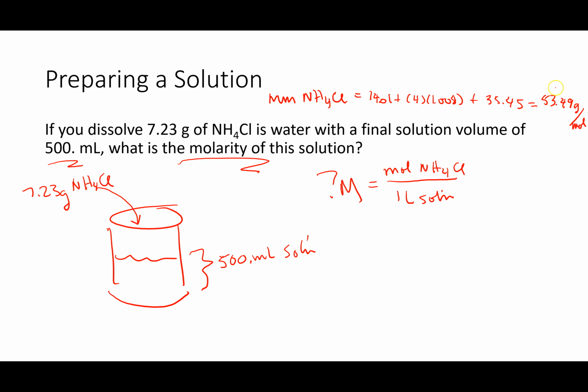Remember, and I'm going to unpack this, remember what that means is 53.49 grams of NH4Cl for 1 mole of NH4Cl. That's kind of what that means. All right, I'm going to go for it.